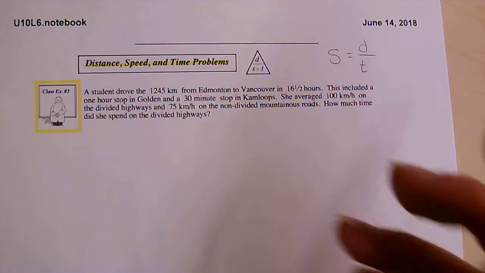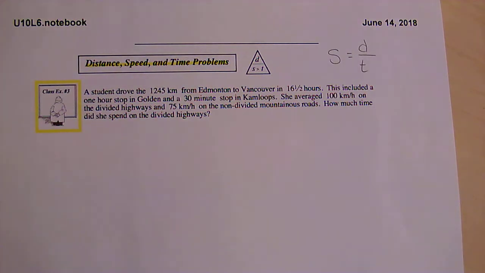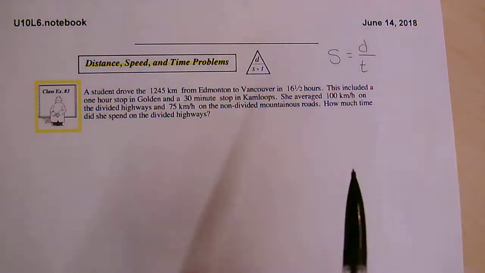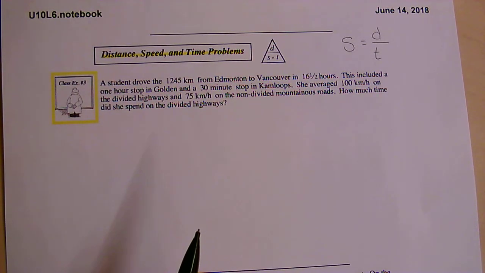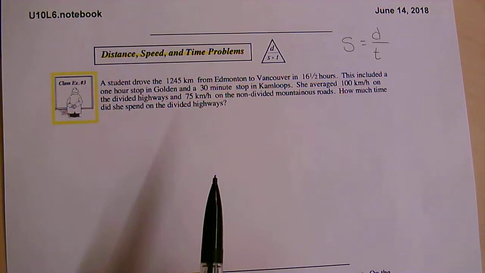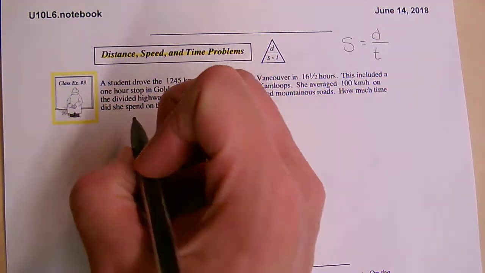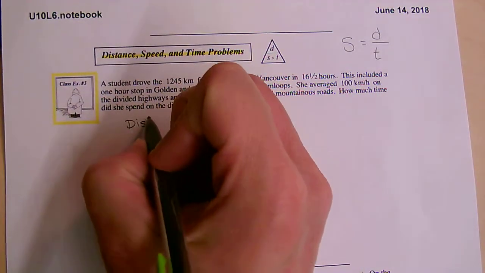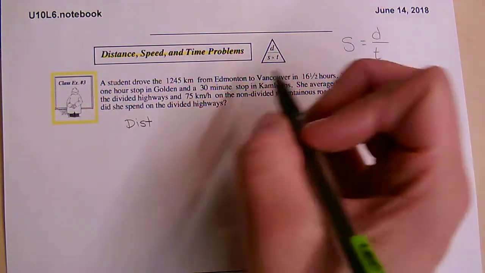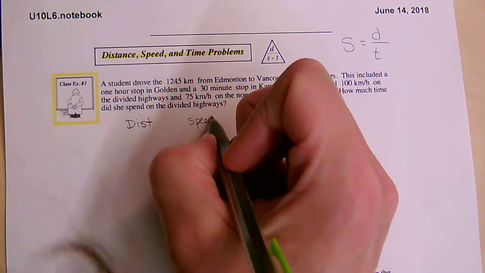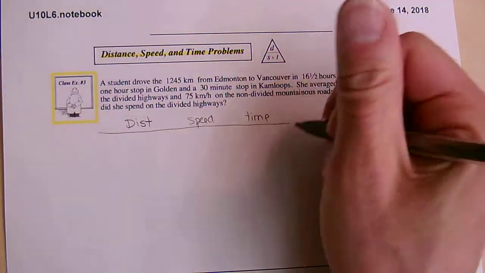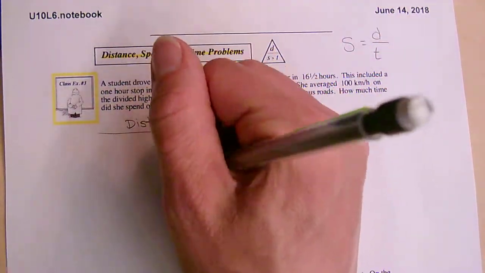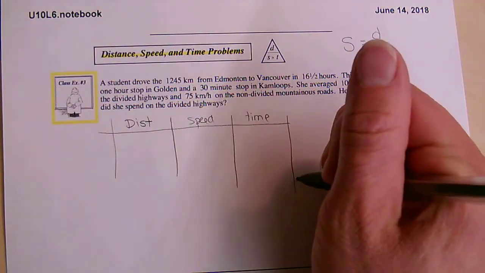All right? So now any of these distance, speed, time problems, it's super helpful to make a distance, speed, time table. Okay? So we're going to look at that. It doesn't really matter the order that you put them, but they're going to be a table like this, and we're going to fill it out.